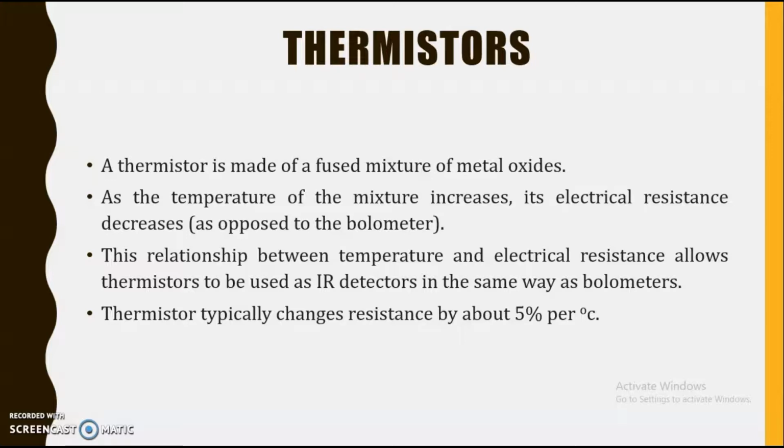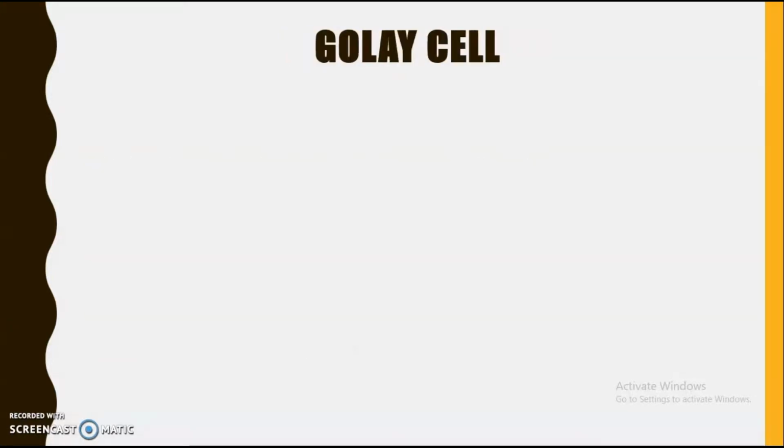Means a 1 degree Celsius change in the temperature of that particular metal leads to a change of resistance by about 5%. Actually its response time is very slow, and due to which these detectors are generally not used in commercial IR spectrophotometers.